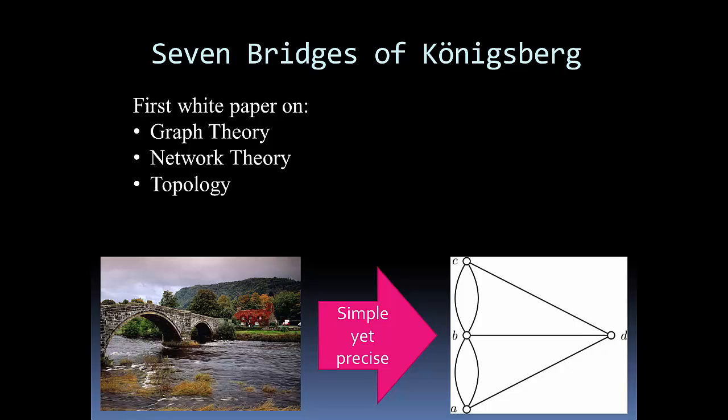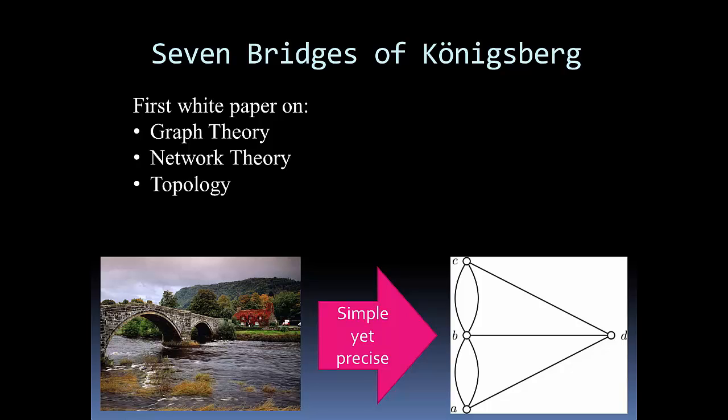And so, even though in this white paper he wrote back in 1735 describing how to cross the bridges, he made the assumption that you cannot cross all 7 bridges only once and not backtrack, and that turned out to be incorrect years later. What he did bring up in this white paper is the idea of keeping things simple, looking at something complex and representing it using just a few symbols.